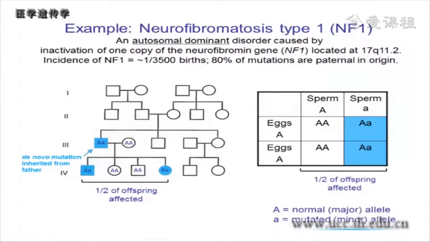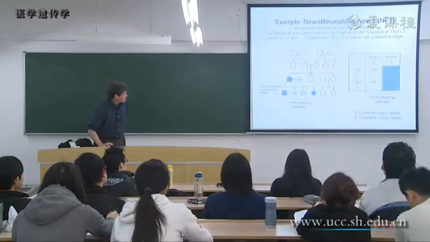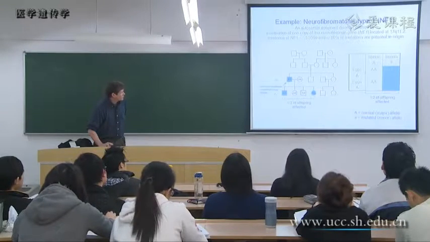Okay, so what we're going to do is match up this pedigree analysis with the Punnett squares. And so, for example, if a de novo mutation appeared in this individual, now, of course, this was probably inherited, well, it could actually be from the mother or the father.